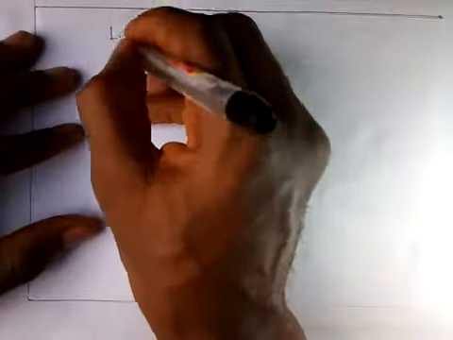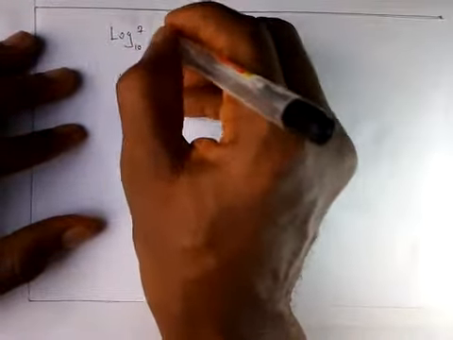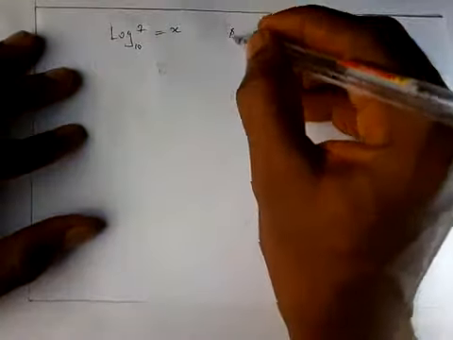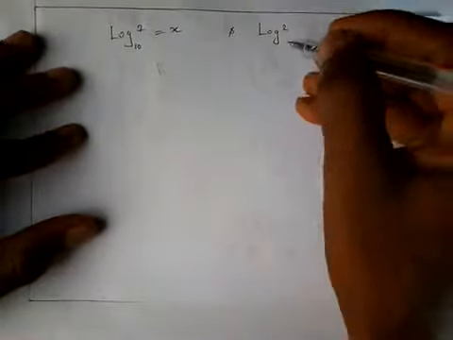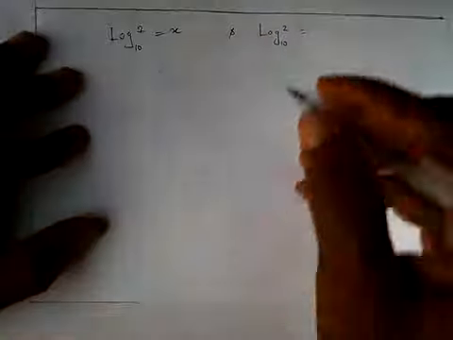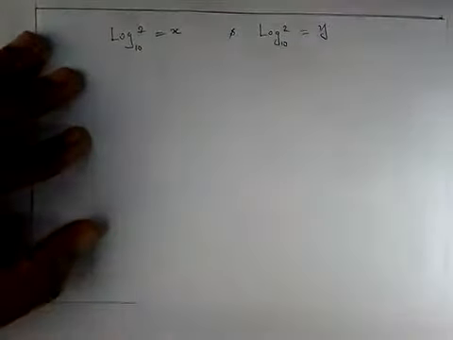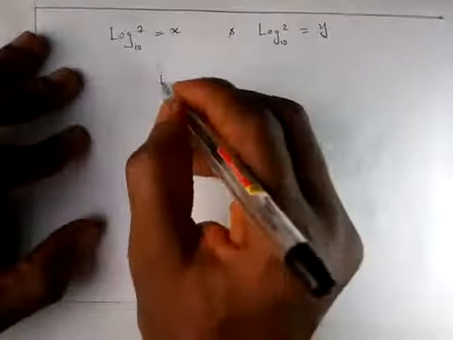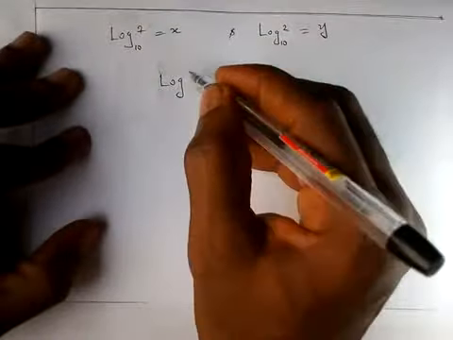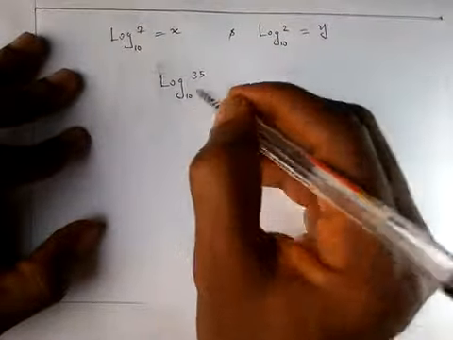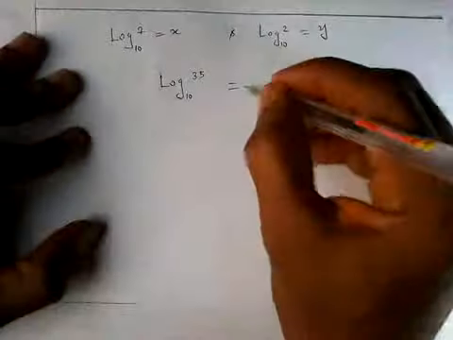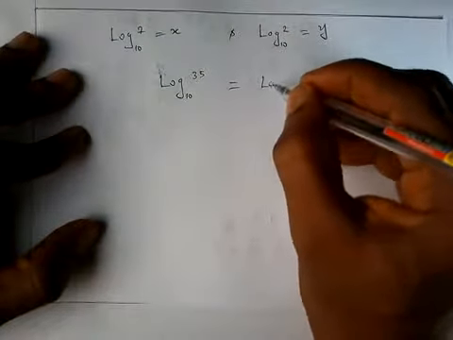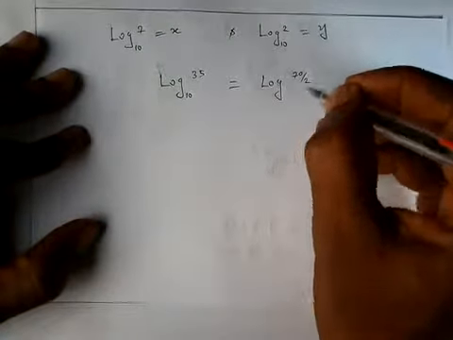Okay, next question is demanding, we're given log 7 to base 10 is equal to x, and log 2 to base 10 is equal to y, and we're told to evaluate log 35 to base 10. Okay, now 35 is what? 70 divided by 2. I think you have seen that already.